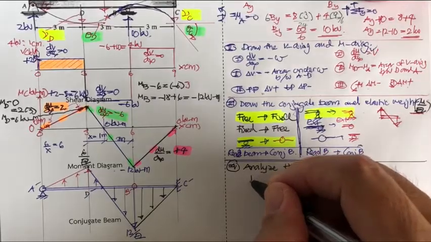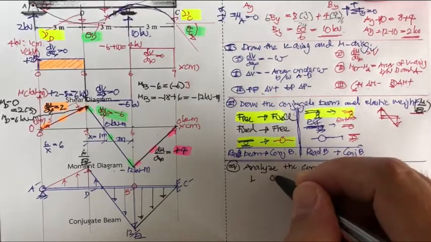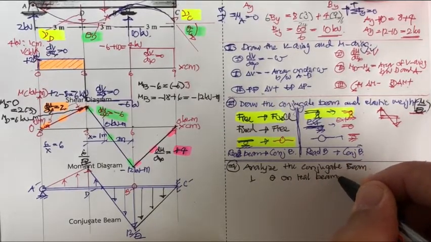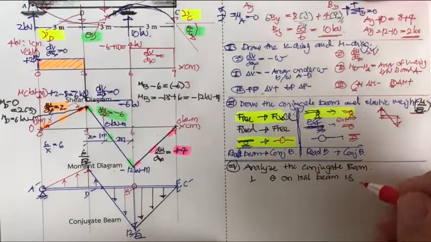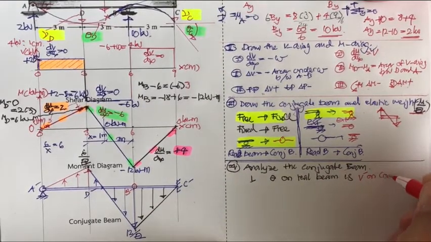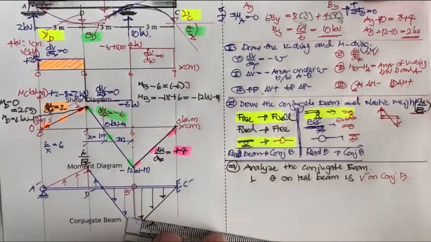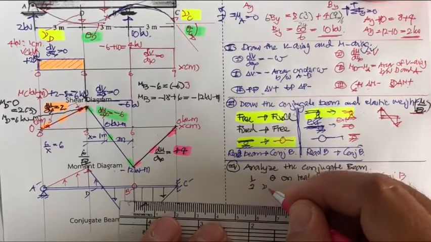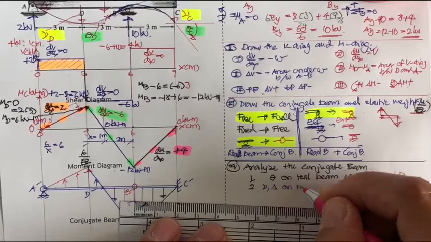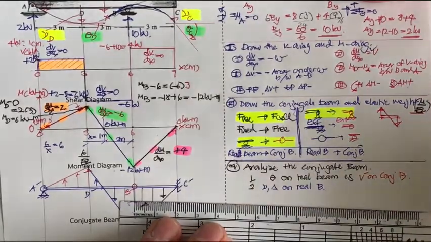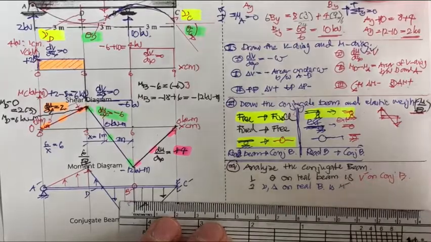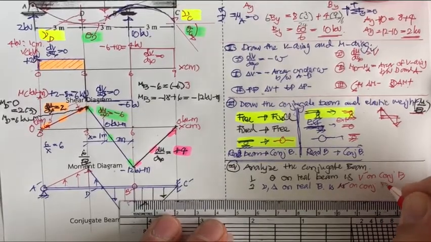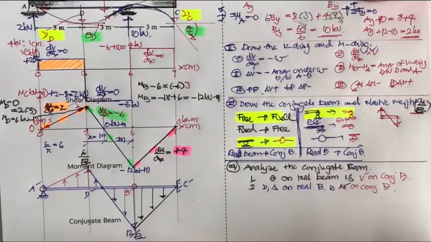The first one: the slope on the real beam is V prime on the conjugate beam. And the second: the deflection on the real beam is M prime on the conjugate beam. That is the basis. You should know about this.